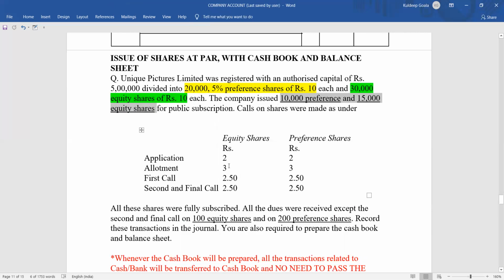Equity share allotment account debit 15,000 into 3, because 15,000 were the equity shares, right? So equity share allotment account debit 15,000 into 3, 45,000.